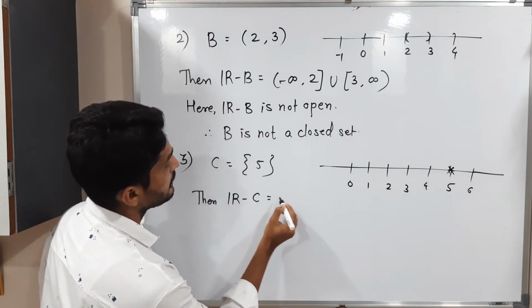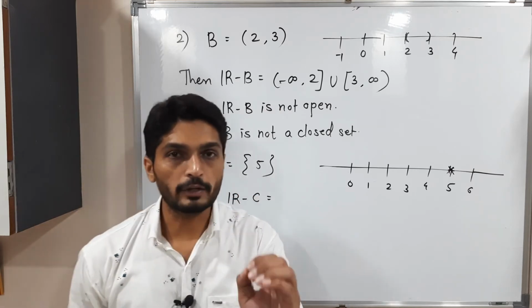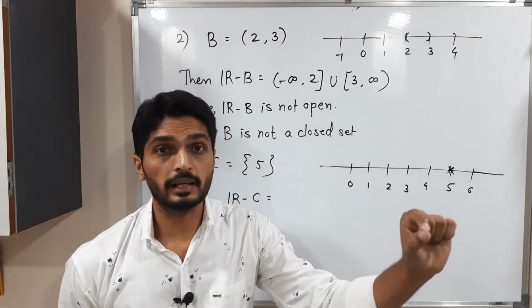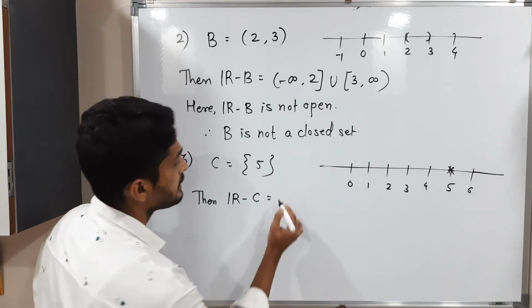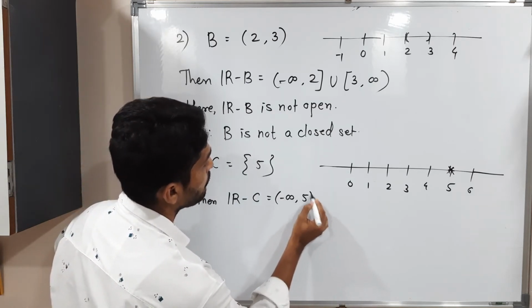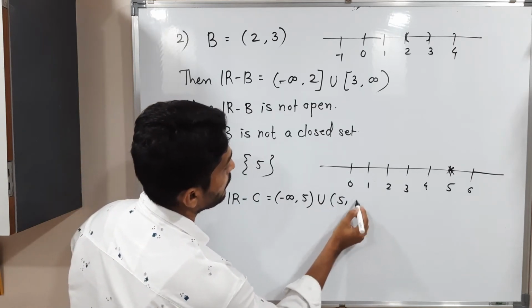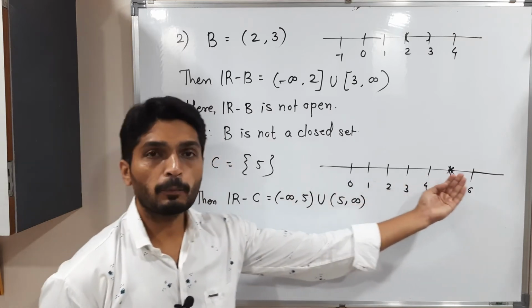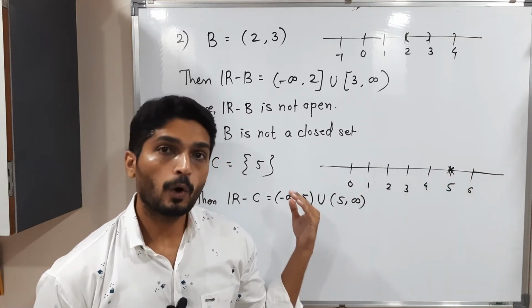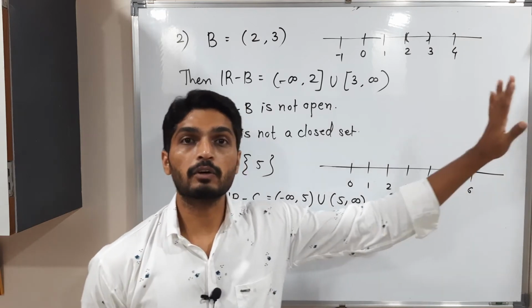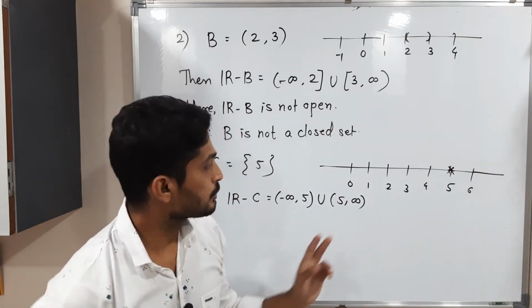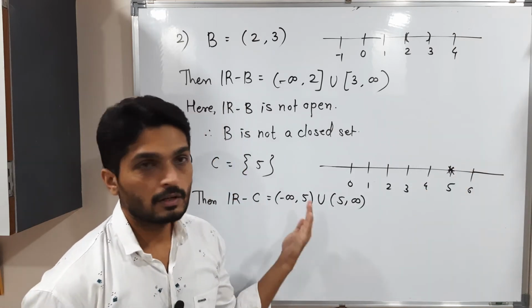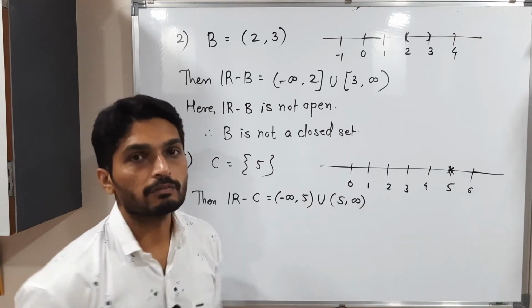R minus C is equal to, if you remove 5 from the real line, you will have the complement, that means minus infinity to 5 union 5 to infinity. You are getting all points which are less than 5, all points which are greater than 5, only 5 is removed.